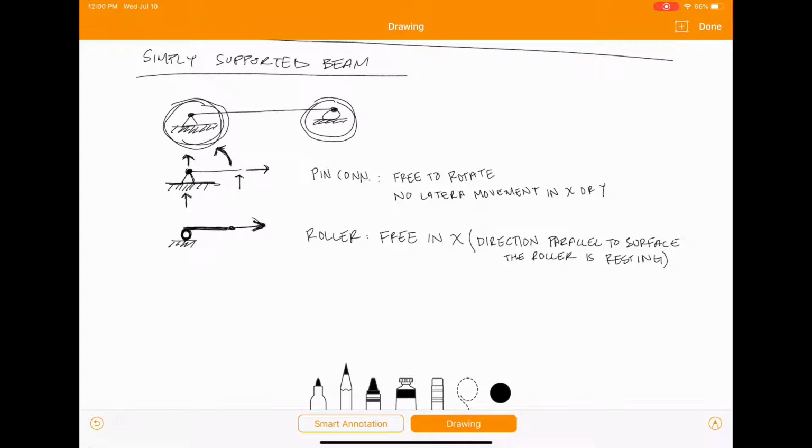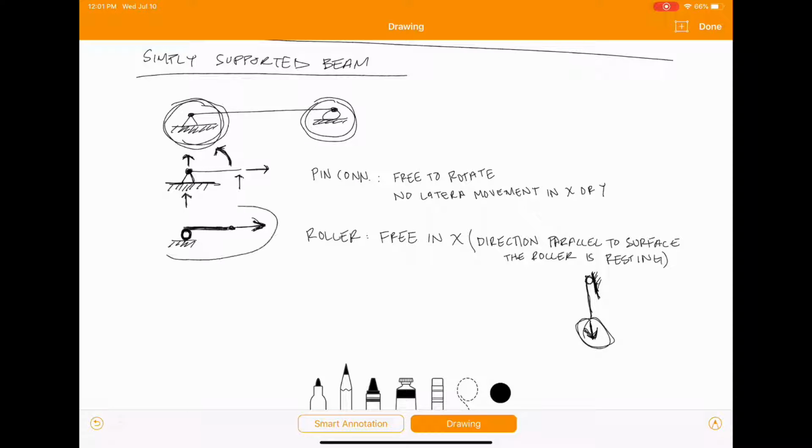And I want you to think about it that way, because if you were to have a column where there's a roller up here, this is your surface that the roller is resting on. In this case, it's free to move in the Y direction. So this is your surface. This direction is parallel to your surface, so therefore this is the direction that it's free in.